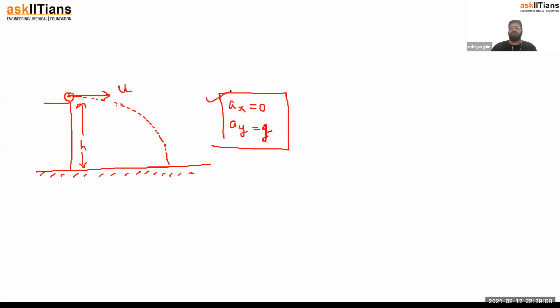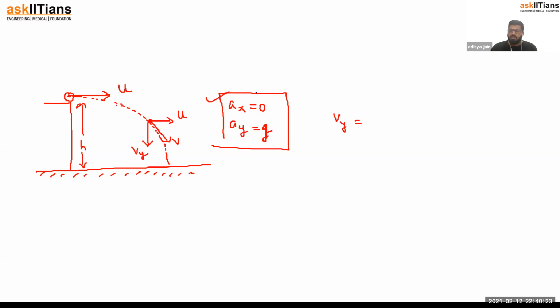So this is another case of projectile when you are throwing the ball from a certain height above the ground with the initial velocity u. Suppose at any point of time the velocity will be like this, and the basic concept is that the horizontal component of velocity will remain constant because acceleration along horizontal direction is 0. And suppose this is vertical velocity vy, so I'll write vy as u plus at.